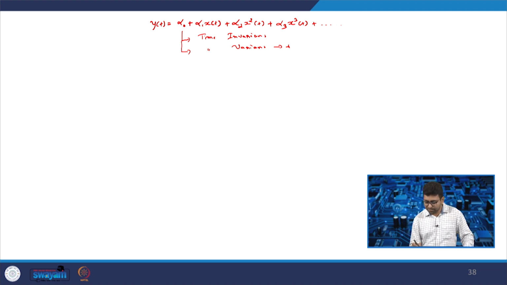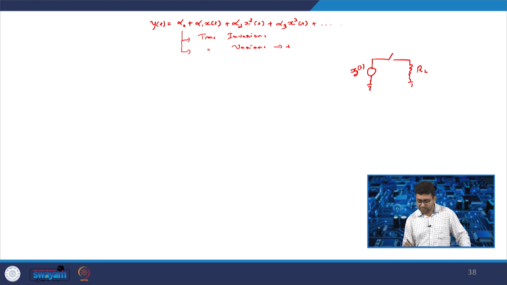So, if there is one input, that is x2(t), and there is one switch, the output is going to some resistor RL.